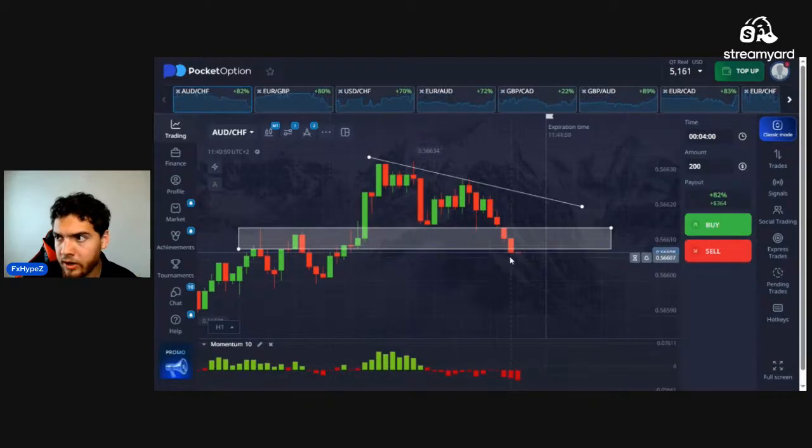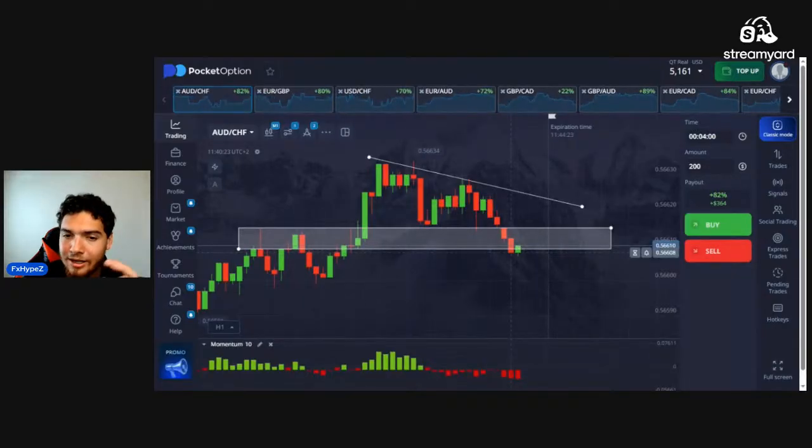So here you see, right? Price broke support by 1 point, but still, it's within the estimated area. So I don't consider this a firm break, if that makes sense.